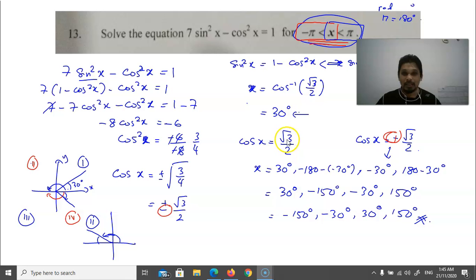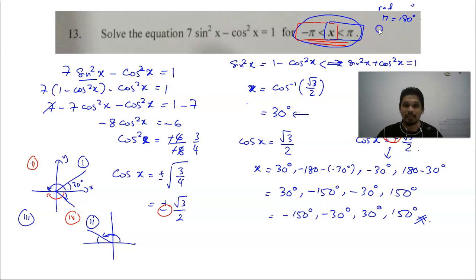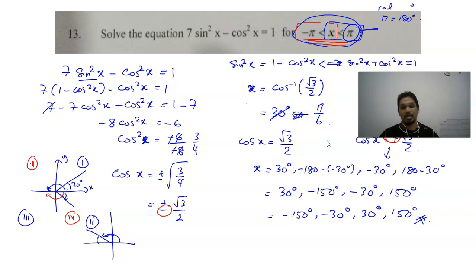Okay, class, I didn't realize that the angle given here is in pi, and I'm using degrees. Supposedly I should use radian, which is pi over 6.